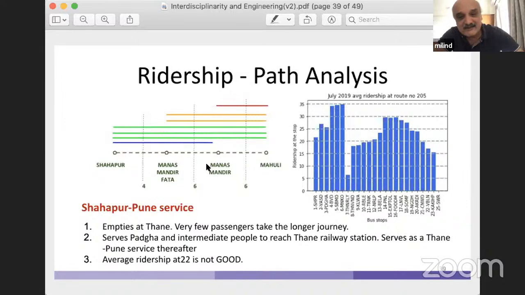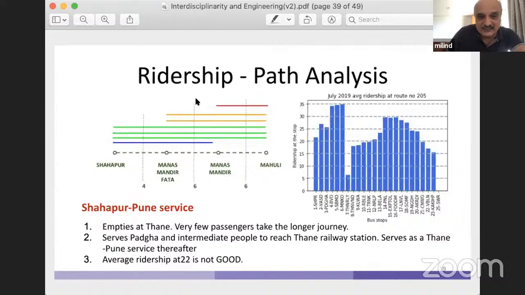That was the ridership analysis. So given a trip, say from Shahpur to Mahuli, and the tickets sold from Shahpur to Manas Mandir, so many tickets from Shahpur to Mahuli, and so on. If I know the tickets sold, then I can compute the ridership at any point.